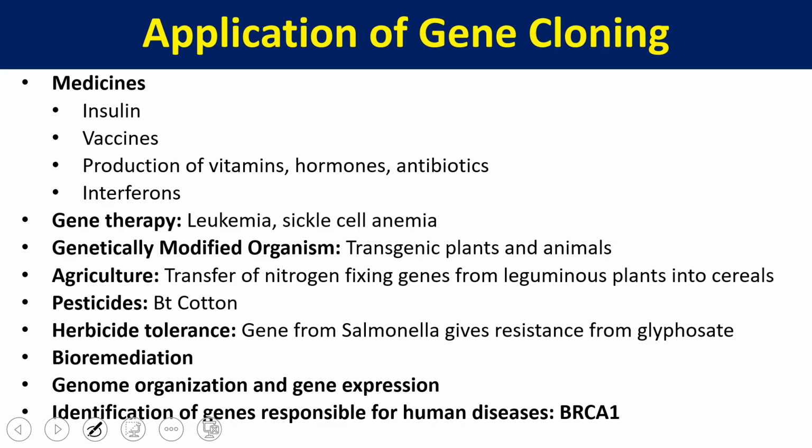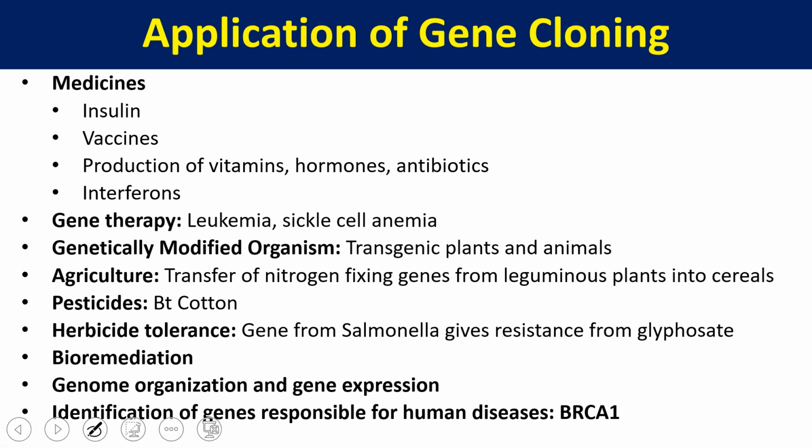The applications of gene cloning, if you see, there are many applications. We have many different fields and different types of applications. Especially in the medicine field or vaccines, like insulin, a number of proteins, and many enzymes, we produce by recombinant DNA technology, genetic engineering.